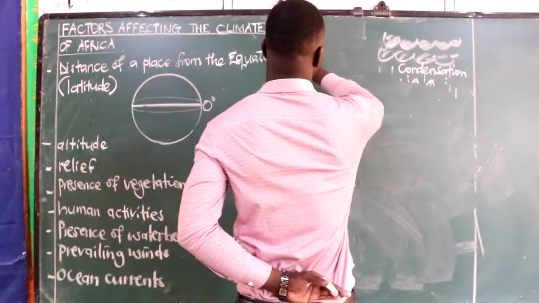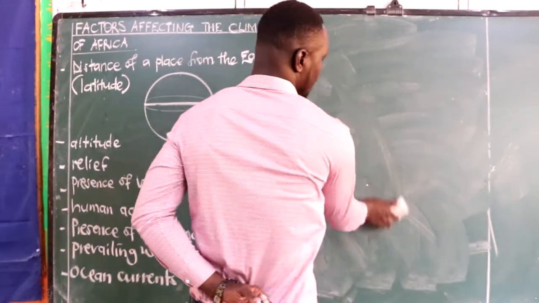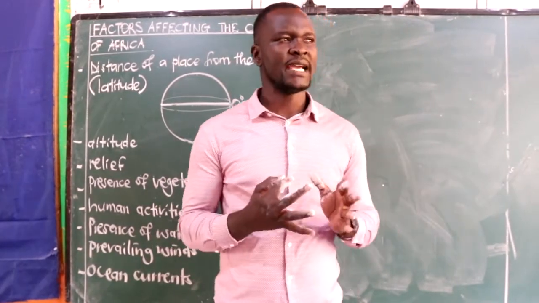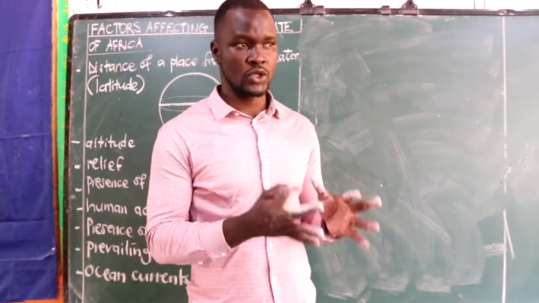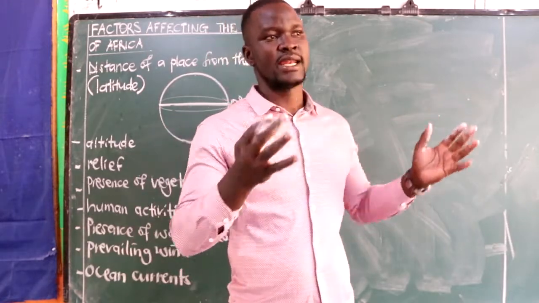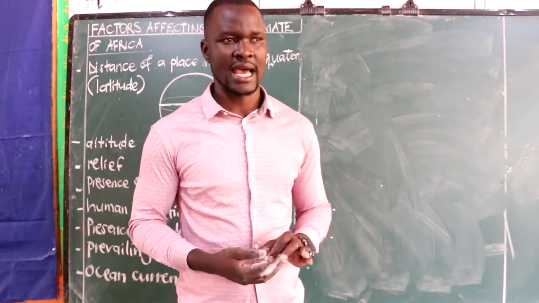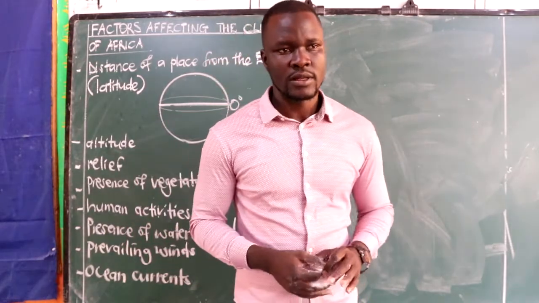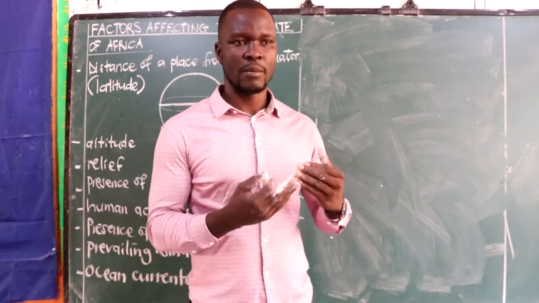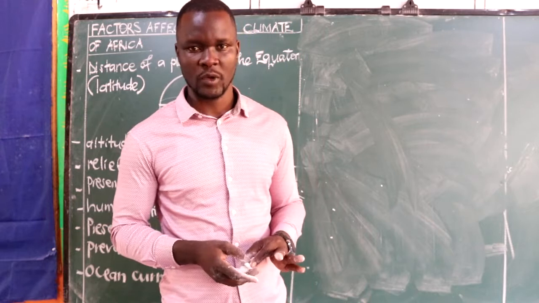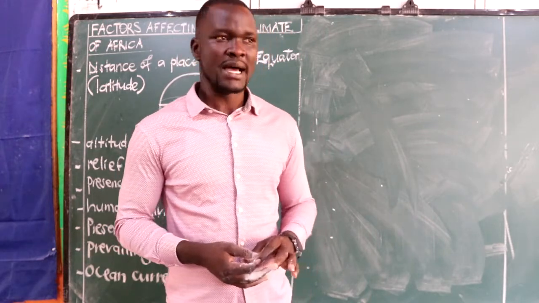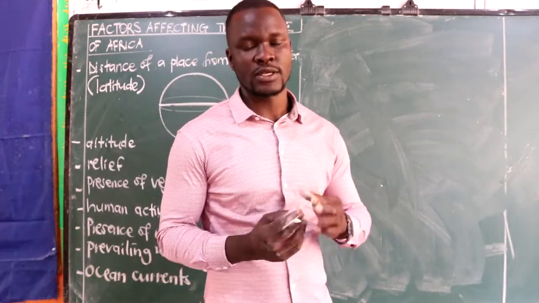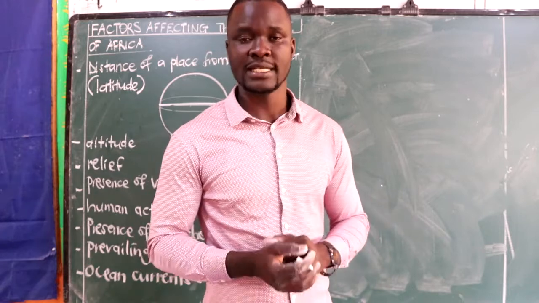Human activities are defined simply as the activities that a human being does in the environment where he or she lives, and these activities can be done for several reasons. So we can have man doing them to survive or to make a living. But we need to note that as people do these activities, there are two things that are possible that can come out.